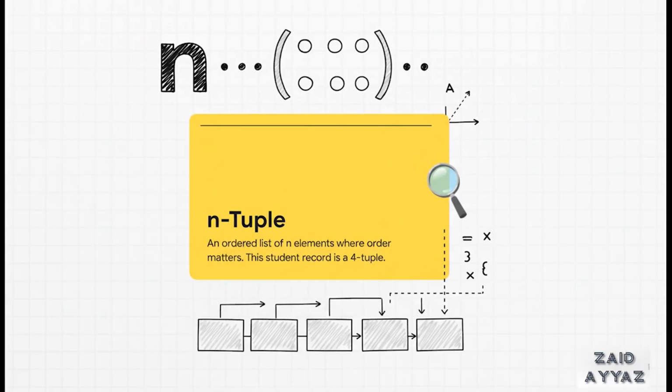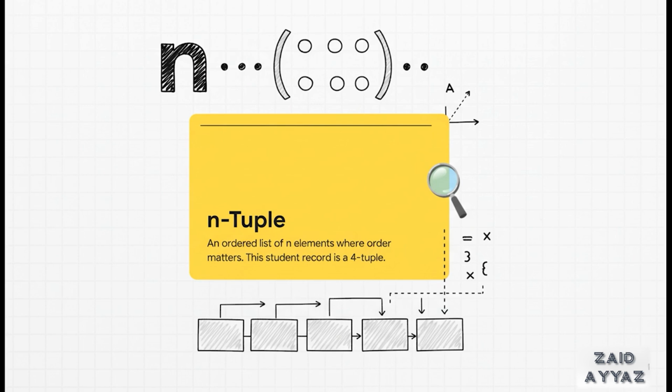So in the world of math, this one single row actually has a very specific name. It's called an n-tuple. And really, an n-tuple is just a fancy way of saying it's an ordered list of elements. In this case, since there are 4 pieces of information, the name, the ID, the major, and the GPA, it's what we call a 4-tuple.